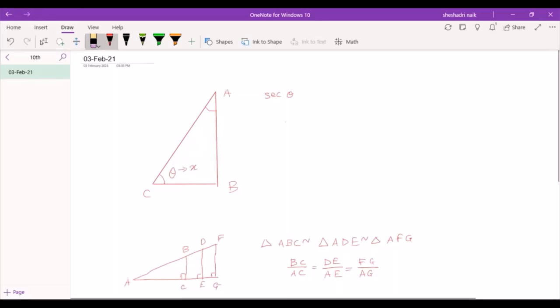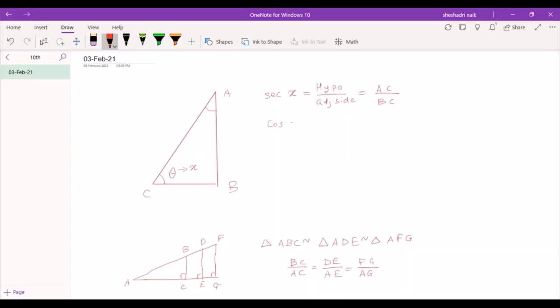Since I have asked for x, let me use x as a variable. So sec x will be equal to hypotenuse upon adjacent side, which is equal to hypotenuse AC upon adjacent side BC. Is it clear? Yes, sir.